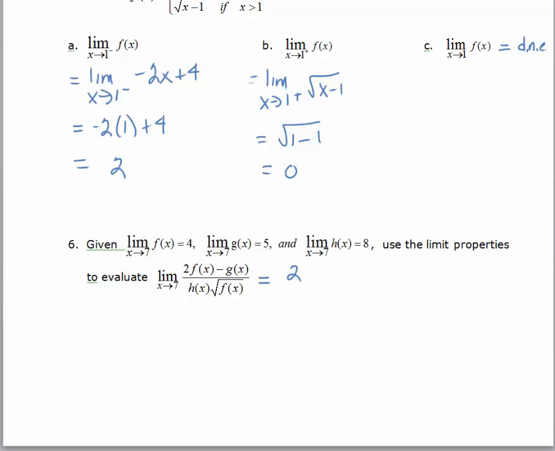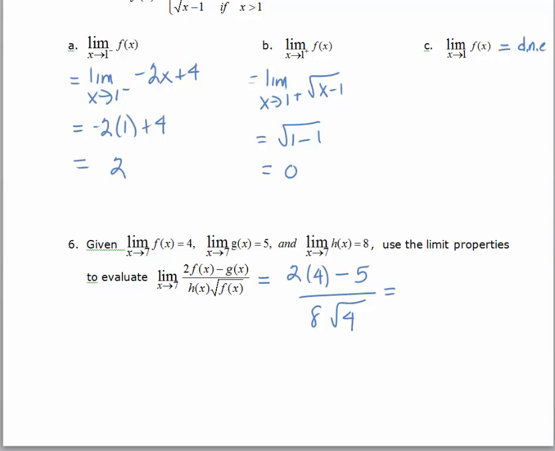So 2 times the limit as x approaches 7 of f of x is equal to 4. So 2 times 4 minus g of x, so if I want the limit as x approaches 7 of g of x, which is 5, divided by the product, the limit of h of x, which is 8, times the square root of the limit of f of x, which is 4.